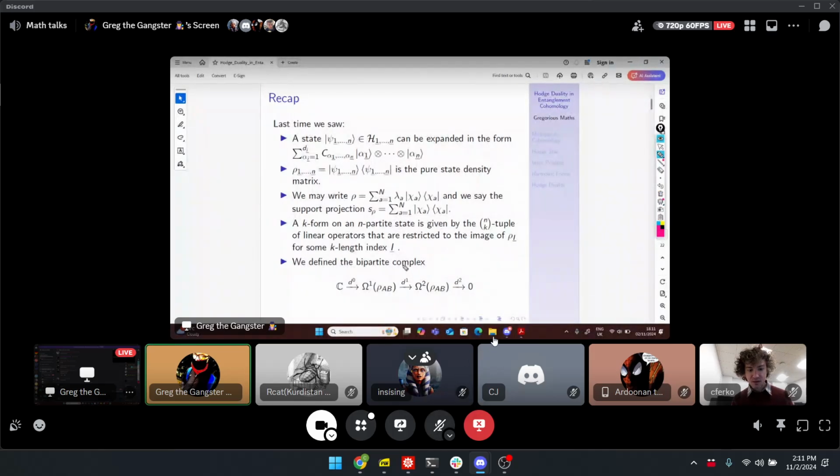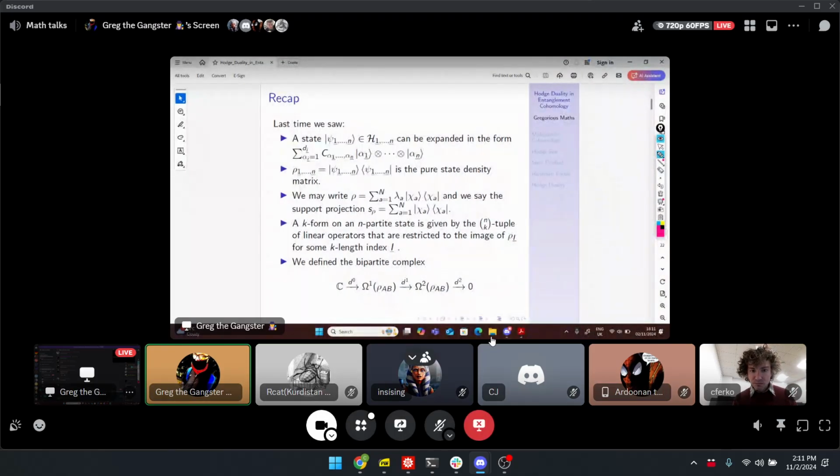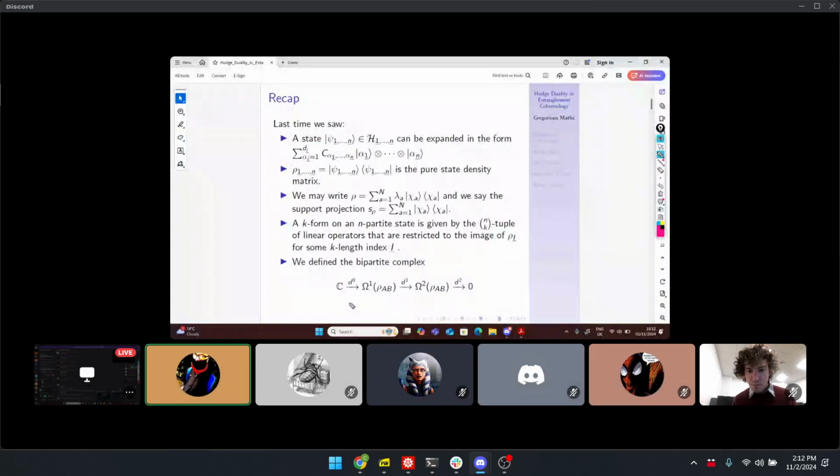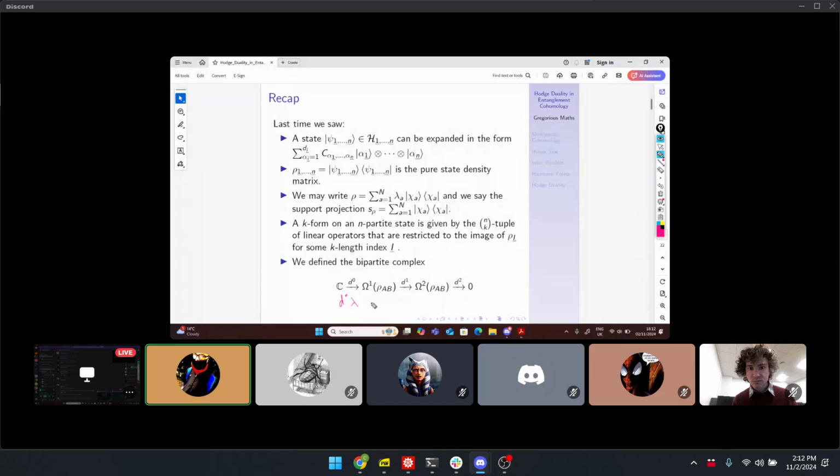And we saw last time how to form a bipartite complex. So we began considering what this cohomology would do. And we saw that these differentials were given by, if we're given some lambda, D0 will give you this pair, lambda S_A, lambda S_B.